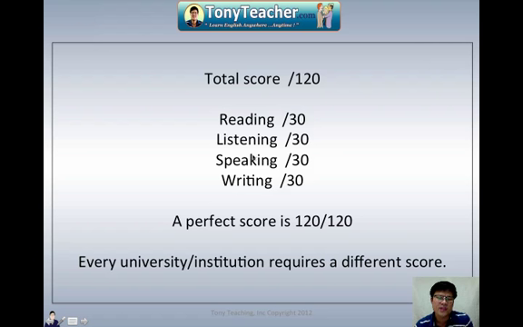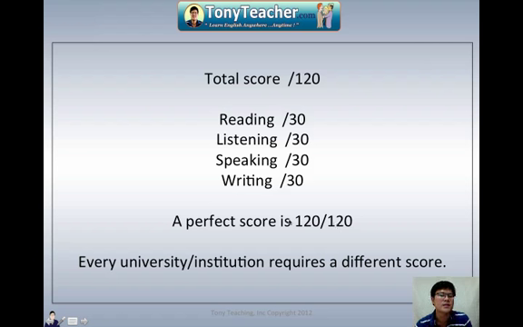However, each section has a different amount of questions, and they do some kind of math to get each section out of 30. A perfect score is 120 and 120. Or actually, 120 out of 120.